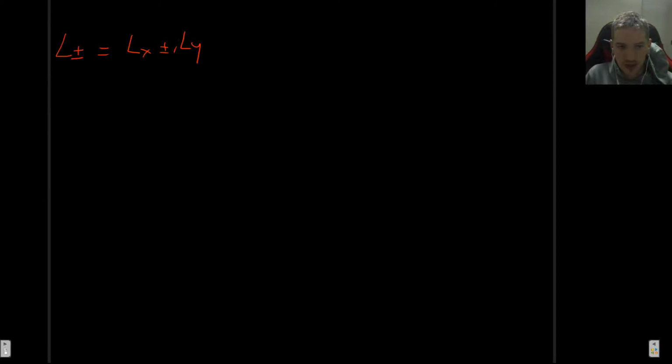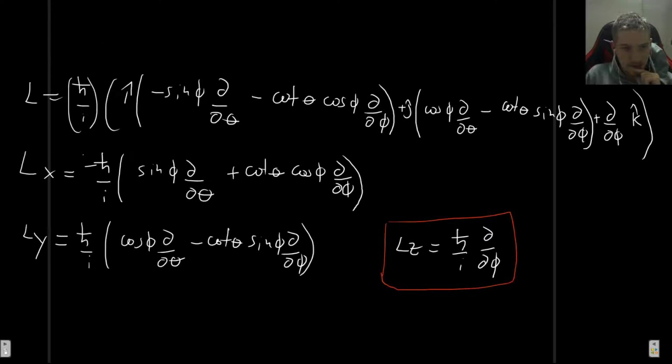We now only need to take a look at this. So what exactly is this? Let us use the explicit forms of Lx and Ly that we already saw. So let me go back, see where they are. They are exactly here.